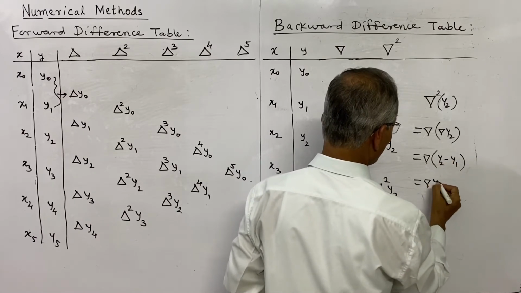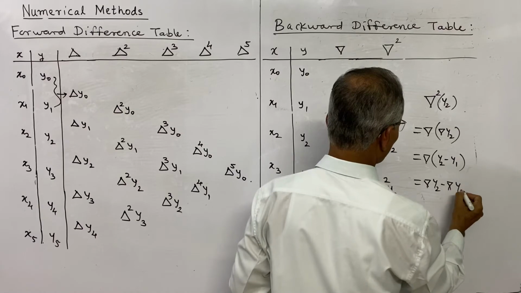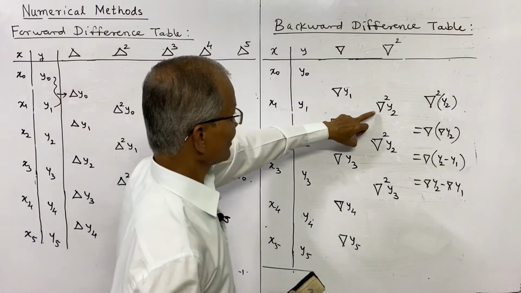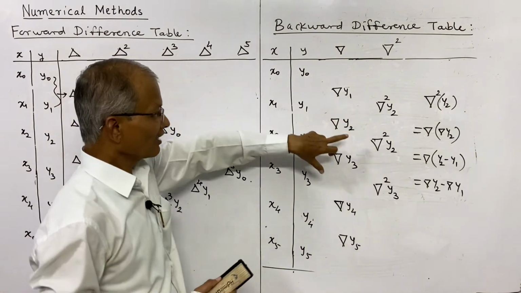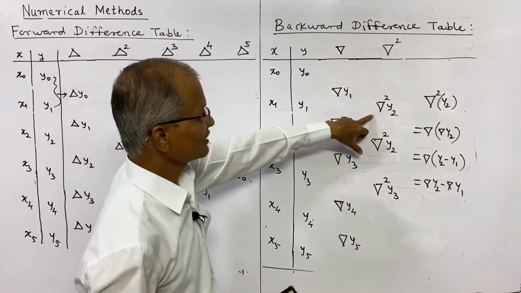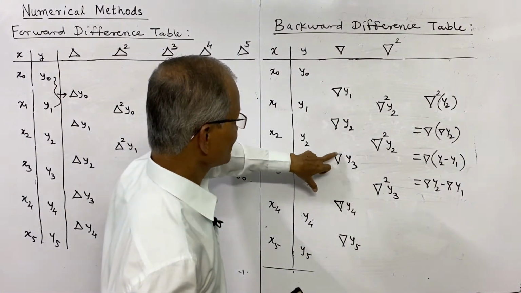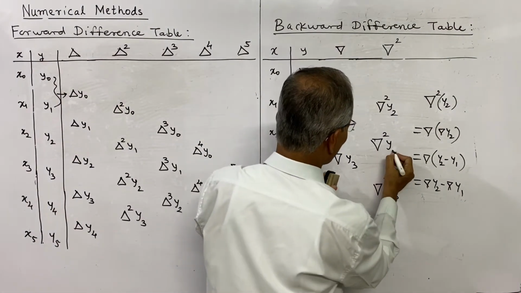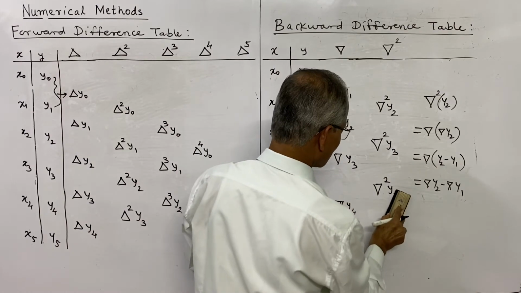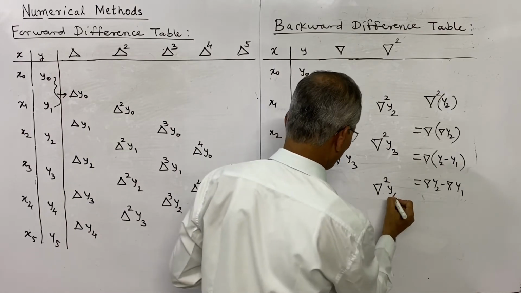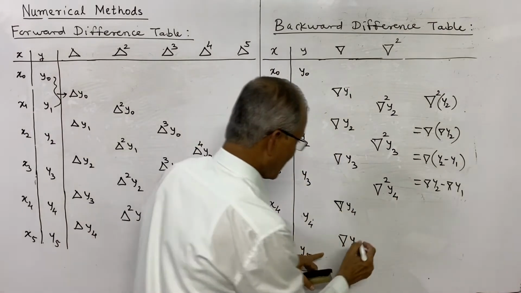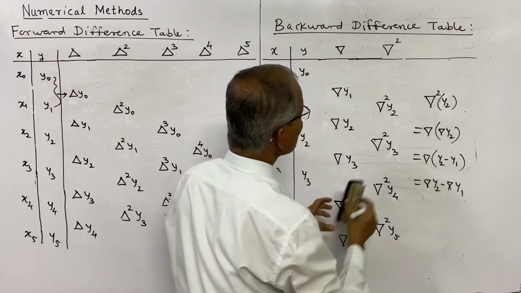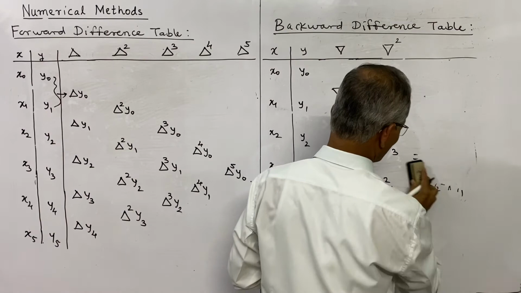So del y2 minus del y1 is del square y2, and we should correct it. Del y3 minus del y2 is del square y3, and this is del square y4, and this is del square y5. So these are the second order differences.